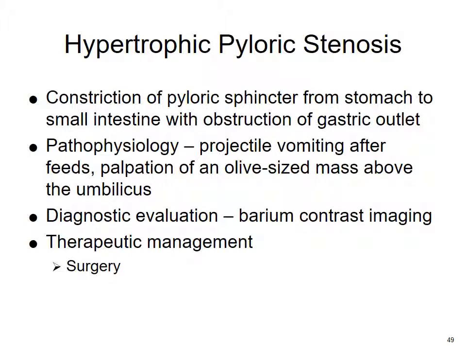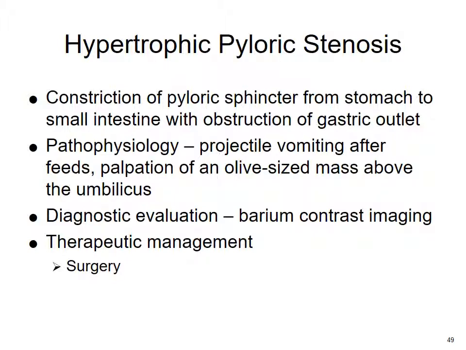Hypertrophic pyloric stenosis is a constriction of the pylorus sphincter from the stomach to the small intestine, and there's obstruction of the gastric outlet. So this looks like projectile vomiting after feeds and palpation of an olive-sized mass above the umbilicus. So you will want to remember that: pyloric stenosis, vomiting, and an olive-sized mass.